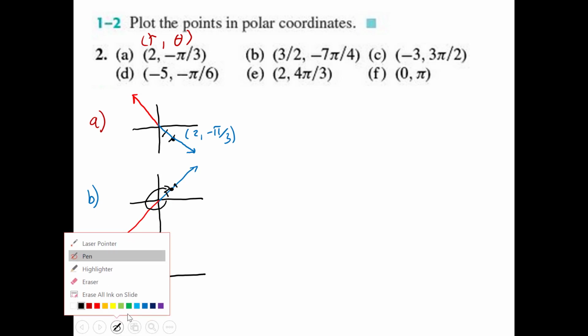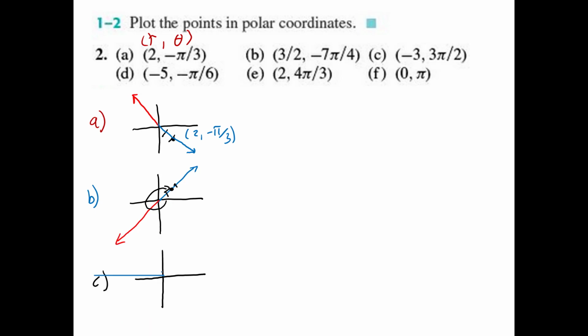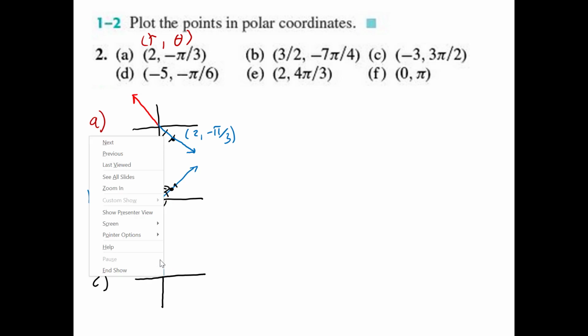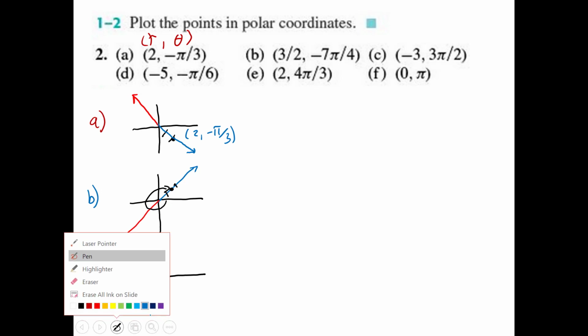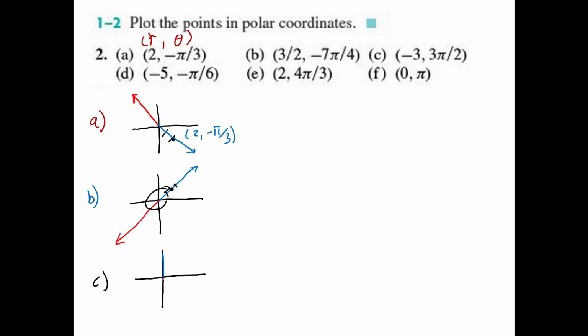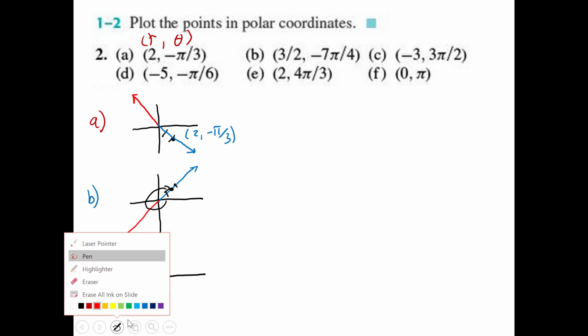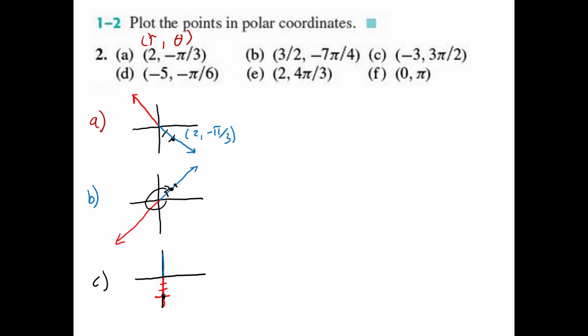So your positive x-axis will end up right here. Your negative x-axis will end up down here. And because your r value is negative, you walk 3 units in the negative direction. 1, 2, 3. And so you were right here.